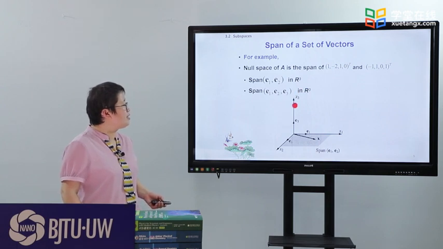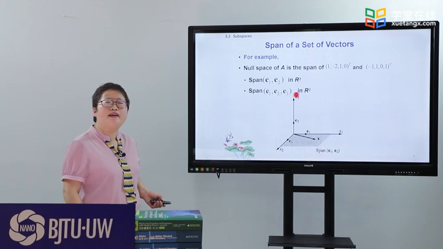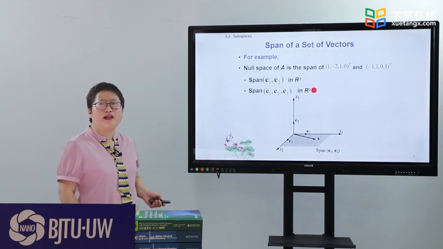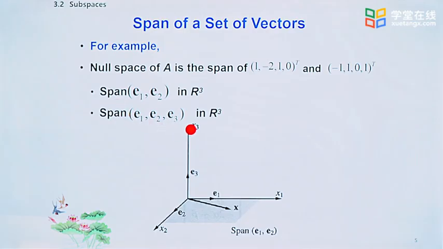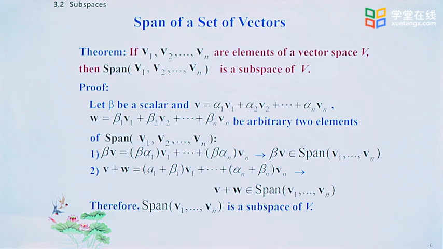And if you consider the span of the three coordinate vectors E1, E2, and E3, where E3 is the vector 0, 0, 1, then the linear combination of these three vectors can equal any vector in R3. So this span is just the whole three-dimensional real vector space.